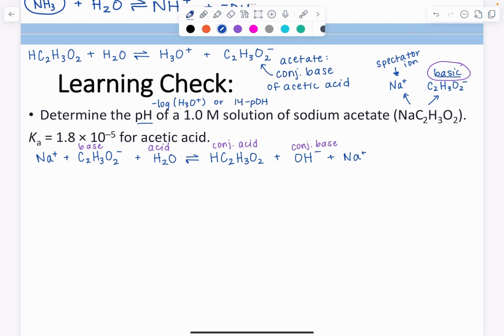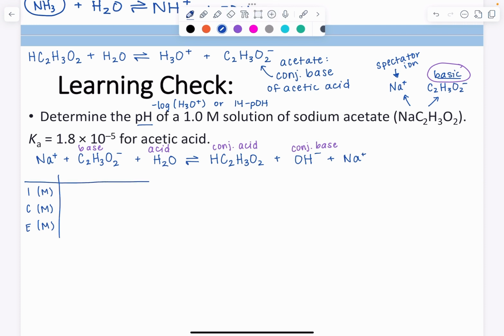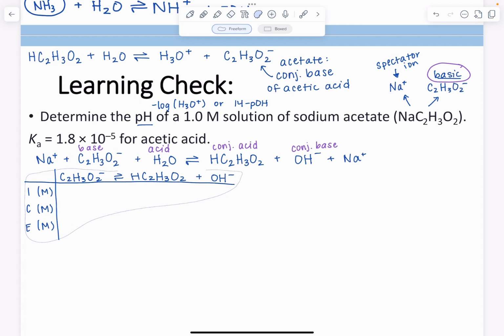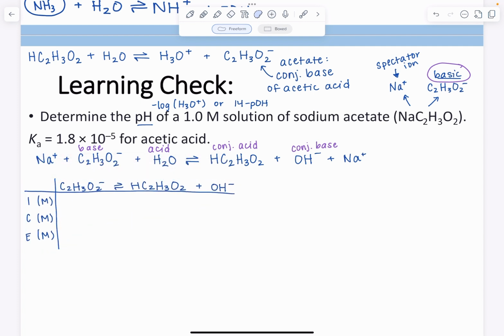We'll do our ICE table. I'm going to leave the spectator ion off of the ICE table, and I'm going to leave water off of the ICE table.